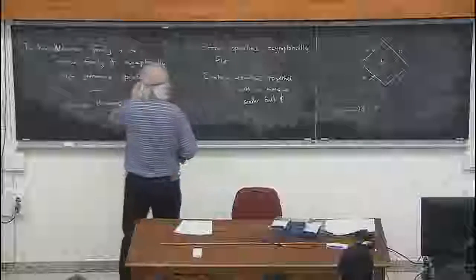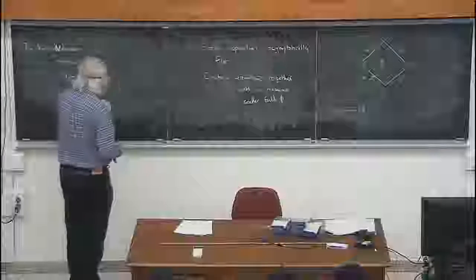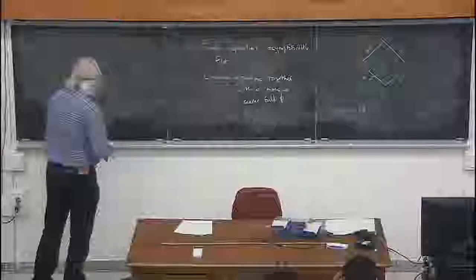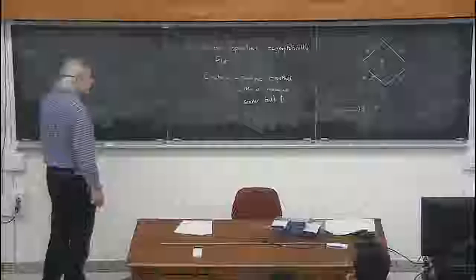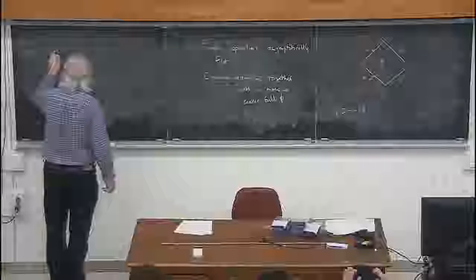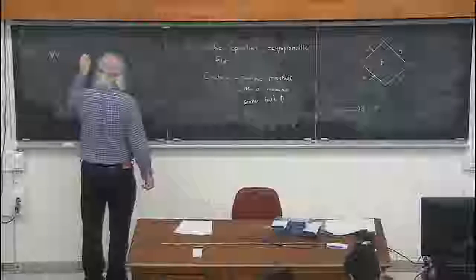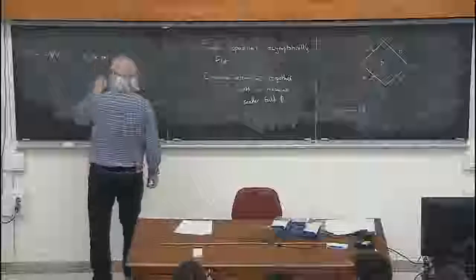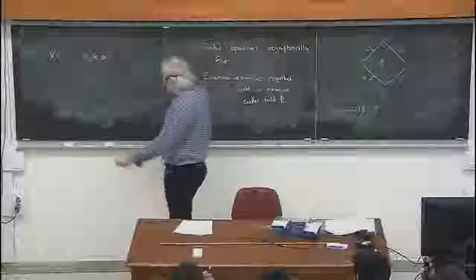So let's contemplate what this static metric is going to look like. There will be some function of position, v, times dt squared plus something space-like. There will be no g_ti terms because we have asked the space-time to be static.